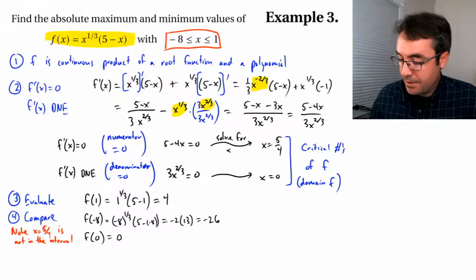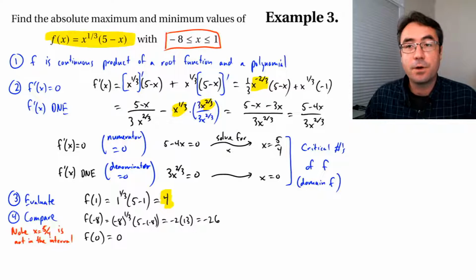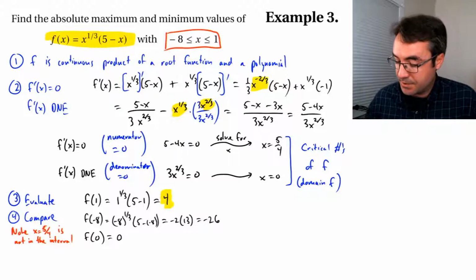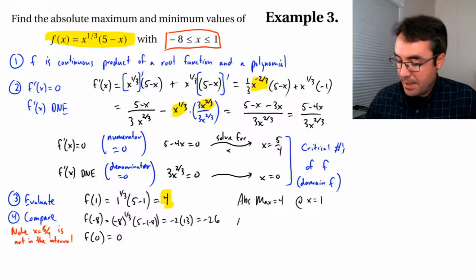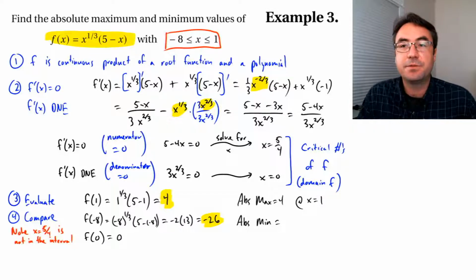And what we see here is the largest value is 4. So that's our absolute max. The absolute max is equal to 4, and it occurs at x equals 1. And then we go through and we find our minimum, the smallest value, and we see that right here with the negative 26.